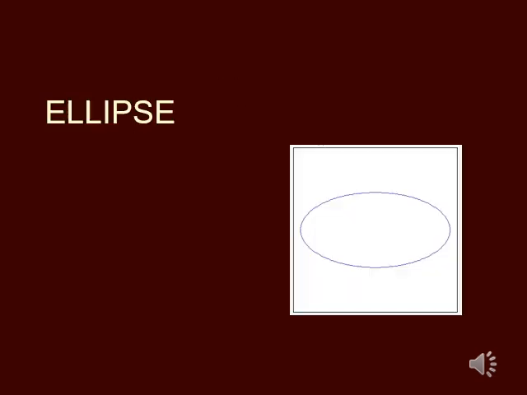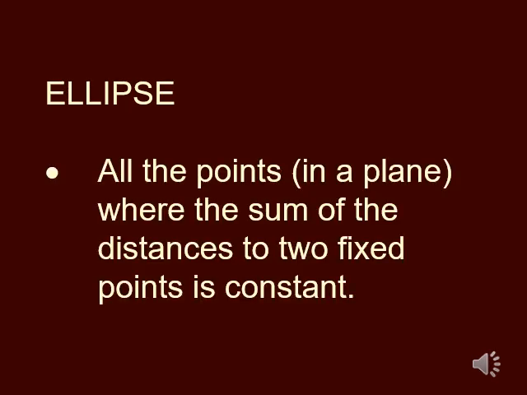An ellipse, of course, looks something like this. If I asked you what it looks like, most people say it's like an egg shape or an oval, and that is basically true. The technical definition of an ellipse is kind of like the definition for a circle. What it says here is that an ellipse is all the points in a plane where the sum of the distances to two fixed points is constant.